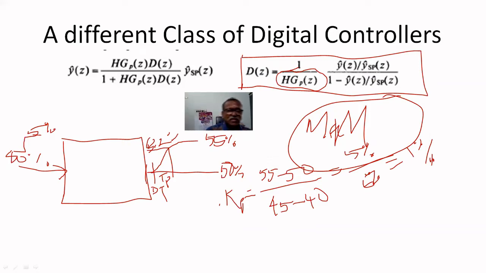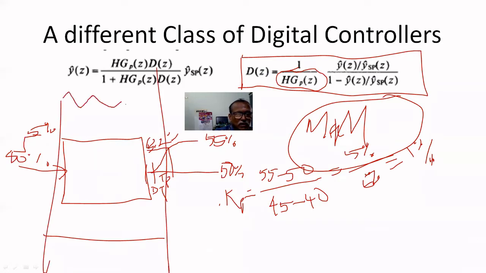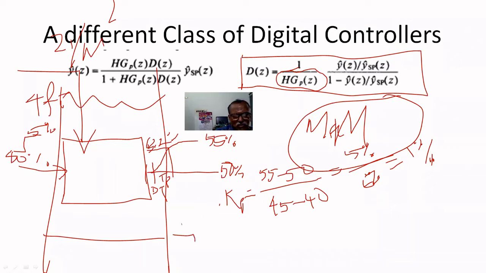Suppose it is a level process, where the maximum level is 4 feet. The inflow rate is 2 liters per minute. Outflow rate also will be 2 liters per minute. What is the gain of the process?